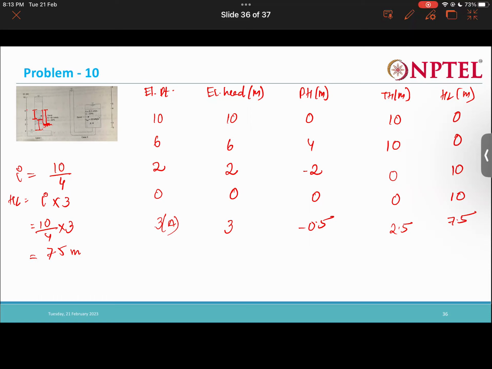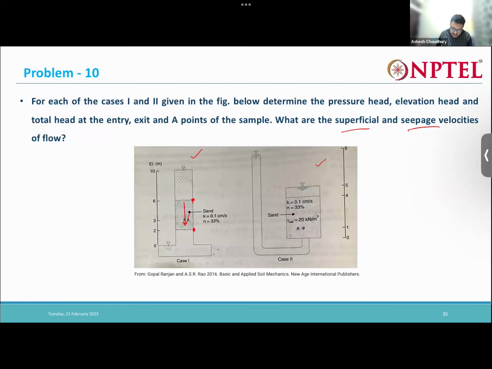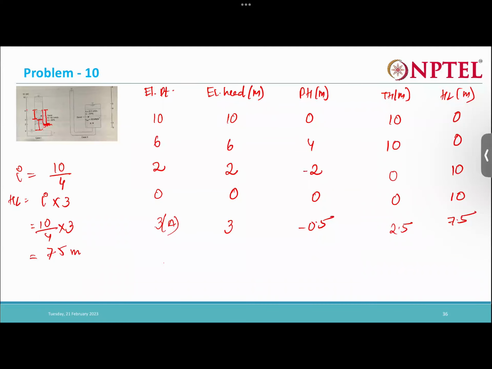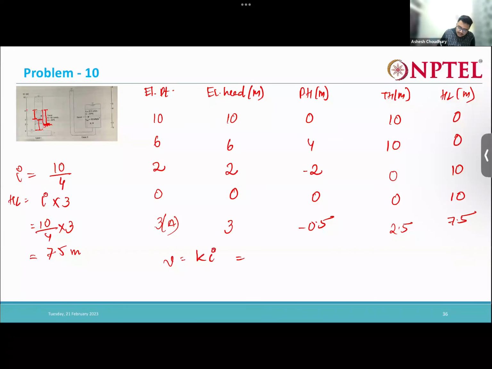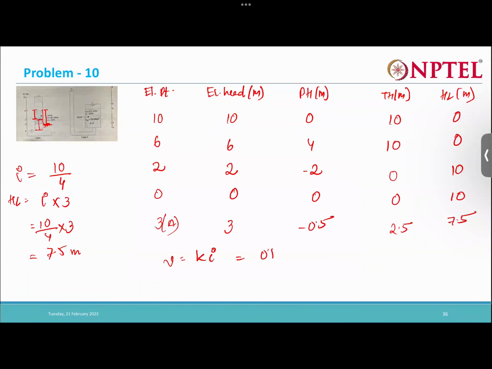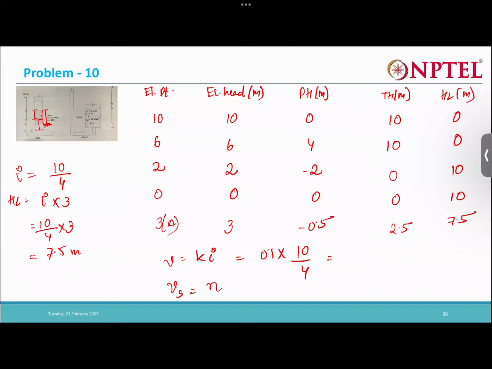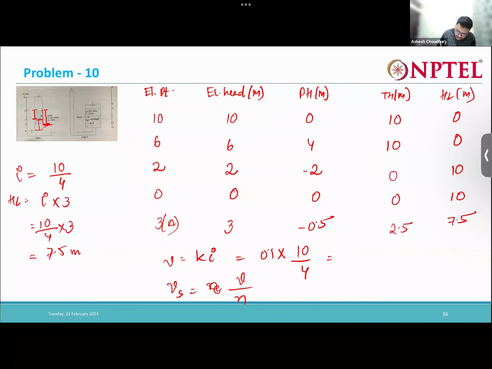Now it has been asked us to calculate the superficial velocity and seepage velocity. See, n is given, porosity is given, k is also given, right? So superficial velocity is k into i, which is 0.1 into i, and i is 10 by 4. Whatever it is, this is my superficial velocity, and seepage velocity is v by n, nothing but v by 0.33.